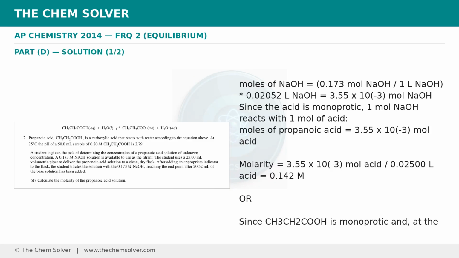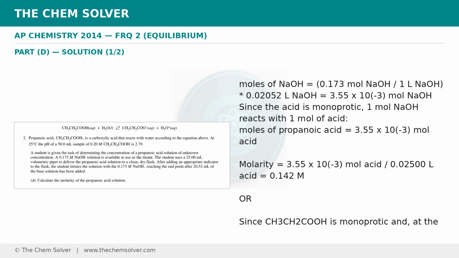Moles of NaOH equals 0.173 moles NaOH per 1 liter NaOH times 0.02052 liters NaOH, which is equal to 3.55 times 10 to the power minus 3 moles NaOH.